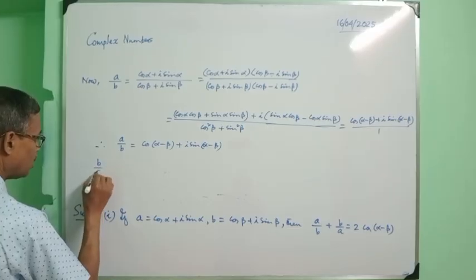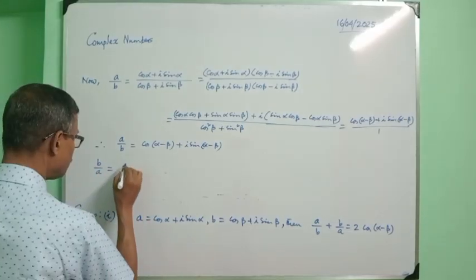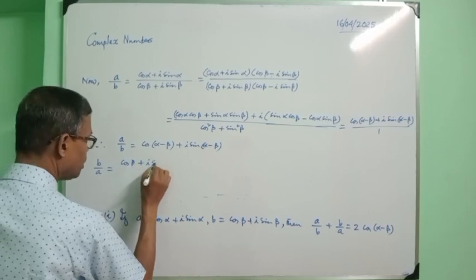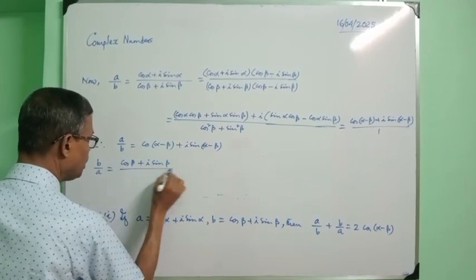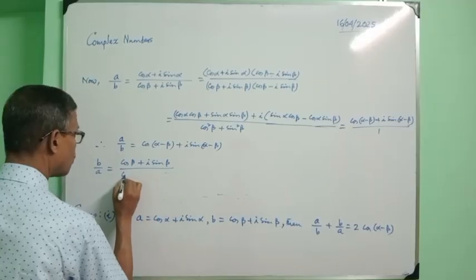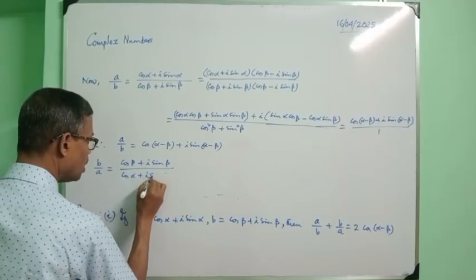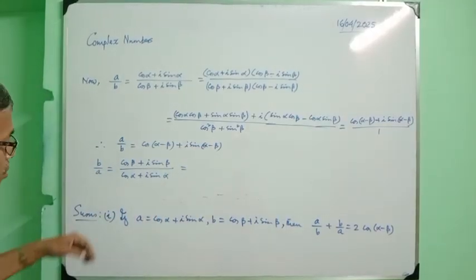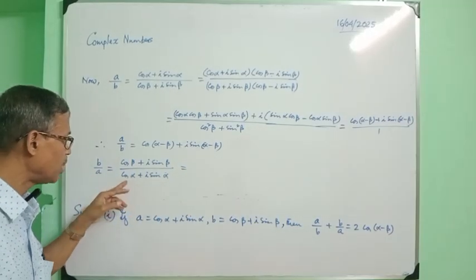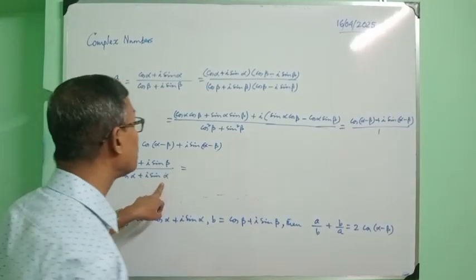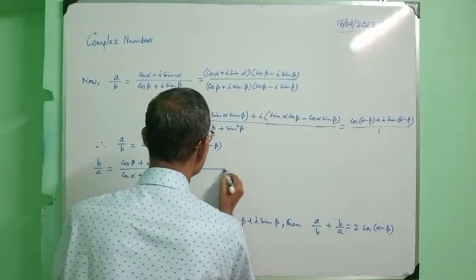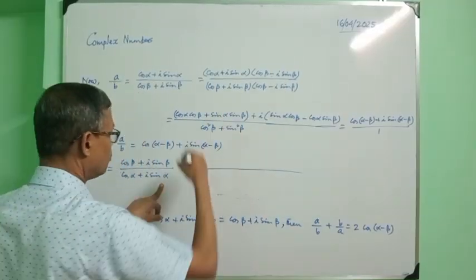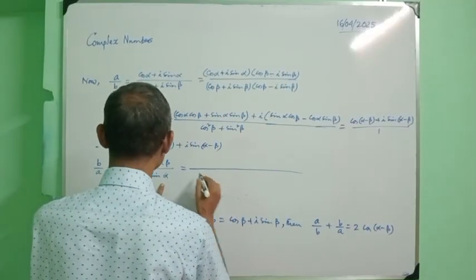Now we have to calculate B by A, that will be equal to cos beta plus I sin beta by cos alpha plus I sin alpha, multiplying both numerator and denominator by cos alpha minus I sin alpha. I skip this one and write directly here.